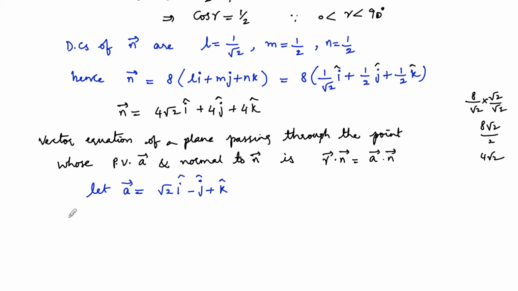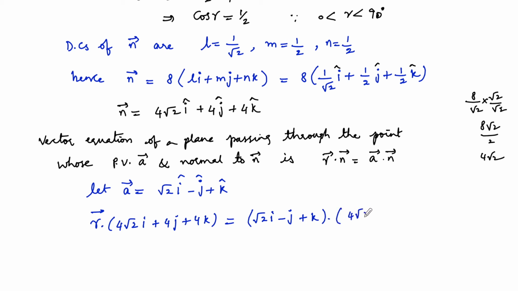So the equation of the plane is r dot n, that is 4 root 2 i plus 4j plus 4k, equal to a dot n, that is root 2 i minus j plus k dot the vector n, again 4 root 2 i plus 4j plus 4k.